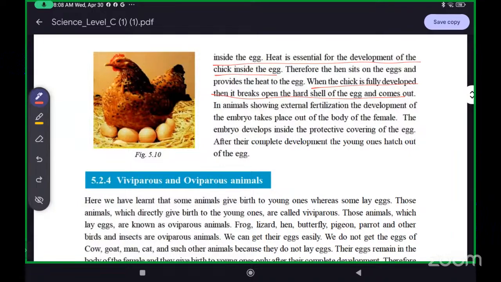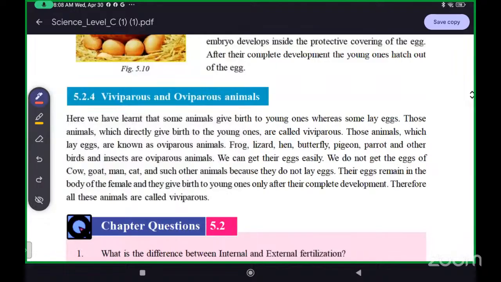Now, animals are also classified on the basis of the process of giving birth into two types, viviparous animals and oviparous animals. We know that some animals directly give birth, but some animals lay eggs.